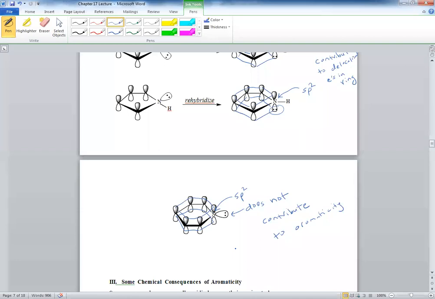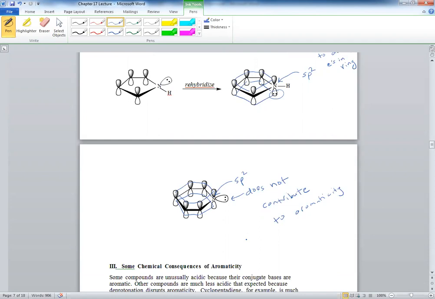So aromaticity is important in terms of DNA as well. This is not just organic chemistry outside of biochemistry. You'll also learn in class how benzene is very toxic and can lead to cancer.